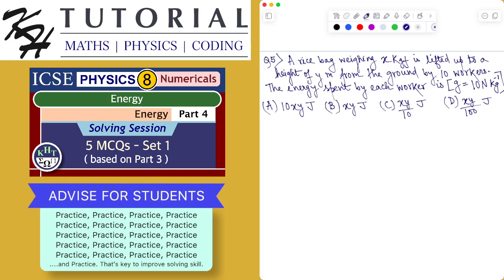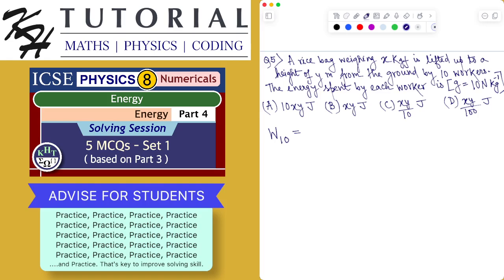Now when 10 workers have lifted a rice bag weighing x kilogram force to a height of y meter from the ground, let's say the total work done by all the 10 workers, I am denoting it with W10, will be equal to the gain in the gravitational potential energy of the rice bag.